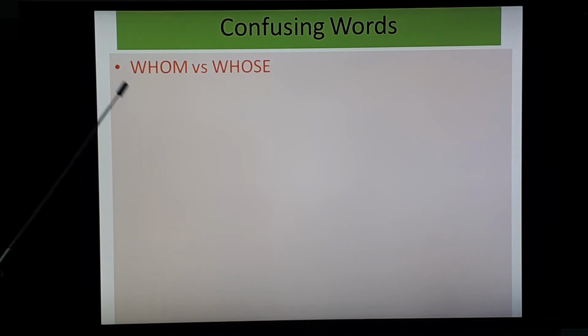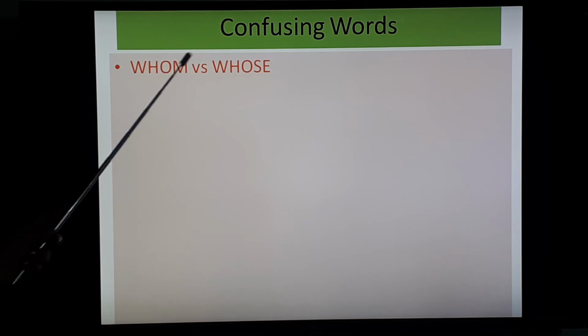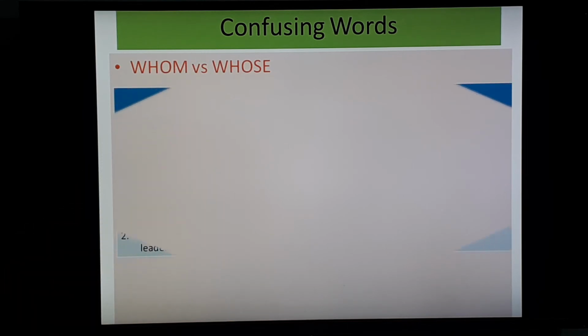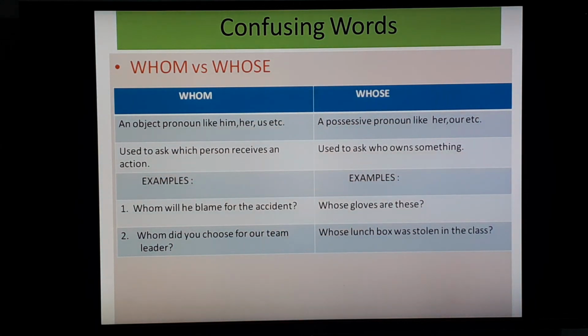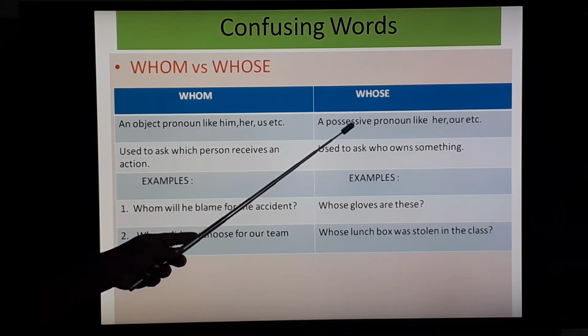Next is whom versus whose. Where to put whom or where to put whose, that is shown. Let's learn with the help of a tabular format. Whom and whose. Okay, whom is an object pronoun like him, her, us, etc. Whose shows possession.